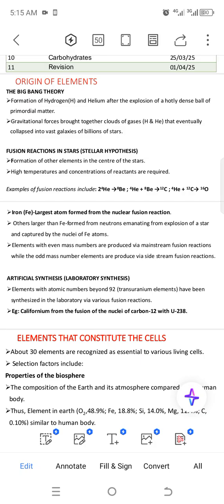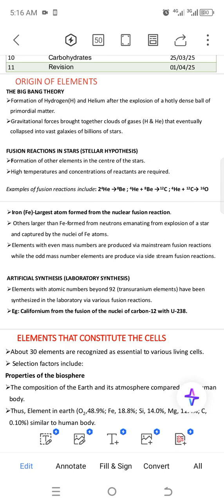So that's it. This is the first concept you have to get about the Big Bang Theory. When you hear it, just have it in mind that the Big Bang Theory helped us to gain hydrogen and helium after the explosion of a hotly dense ball of what? The primordial matter.